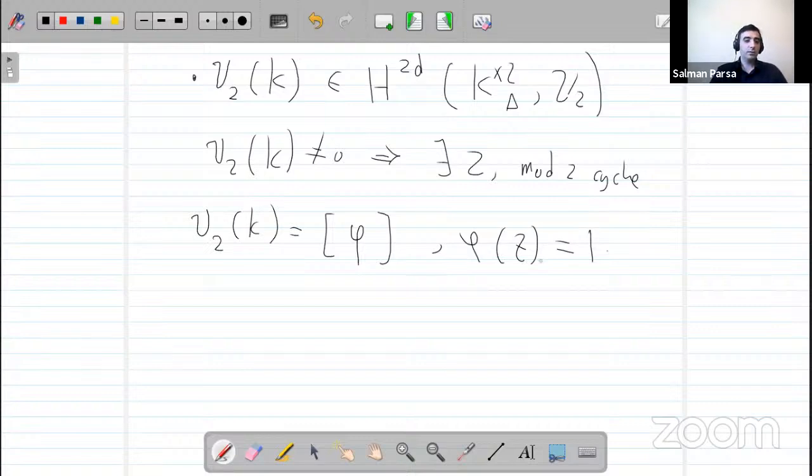So it's the dual: you take the dual homology class to this cohomology class.